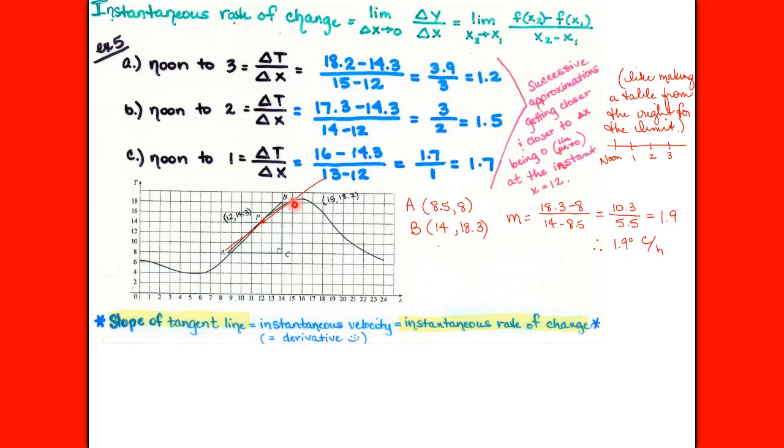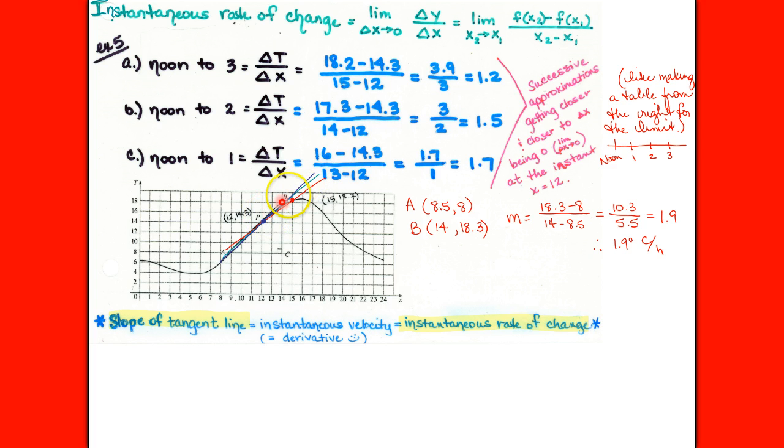So when we went from noon to 2, that would be like if my 2 points that I used for my secant line were here and here. That's going to give me a better approximation. That green secant line is closer to my actual tangent line. And then we did one more. We used noon to 1 o'clock. So that would be using my point at noon and my point at 1 o'clock.